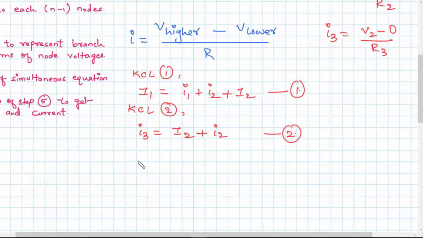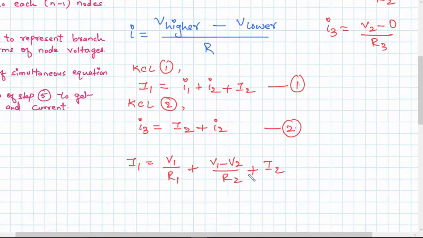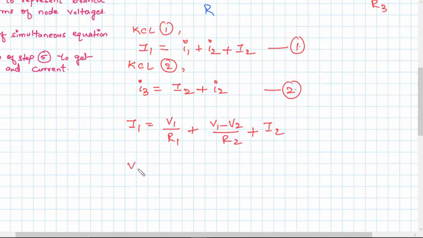So we have capital I1 is equal to small I1, and this is V1 over R1, plus I2, this is V1 minus V2 over R2, and plus capital I2. Similarly, we have V2 over R3 is equal to capital I2 plus V1 minus V2 over R2. Alright, so these are the two equations which we have.